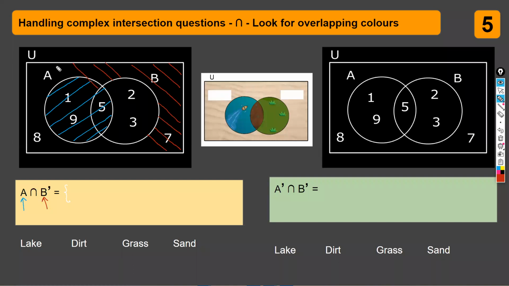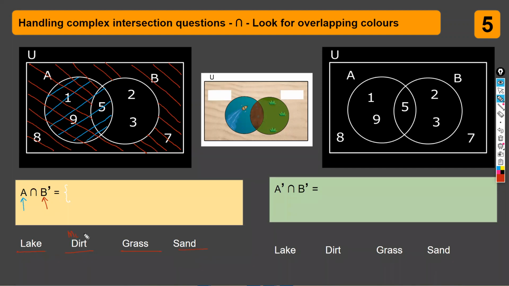right? It can't even enter the mud region because the mud partially belongs to what? B. Because the mud is part water and part good soil. Now ask yourself, where has both colors? Use this: lake, dirt, grass, or sand.